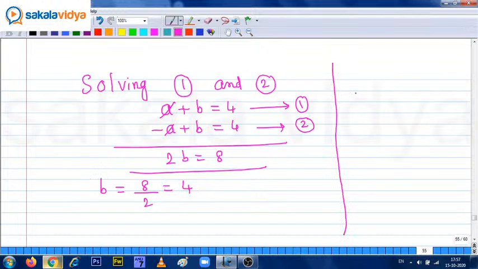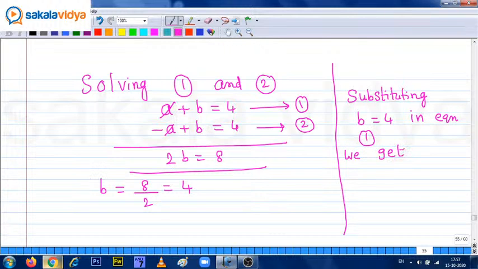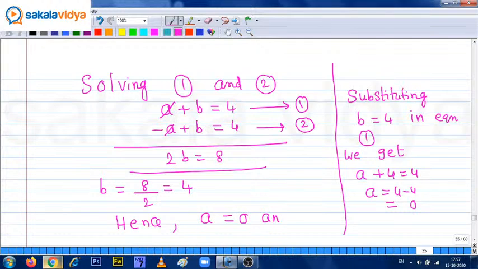Now substituting b equal to 4 in equation 1, we get a plus 4 equals 4. A equals 4 minus 4, so 0. Hence the possible values for a, b are a equal to 0 and b equal to 4. This is the answer.